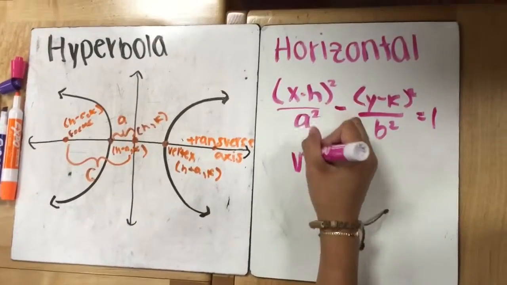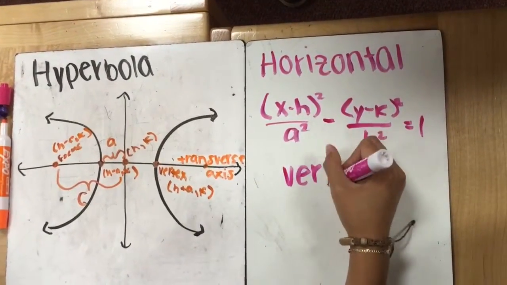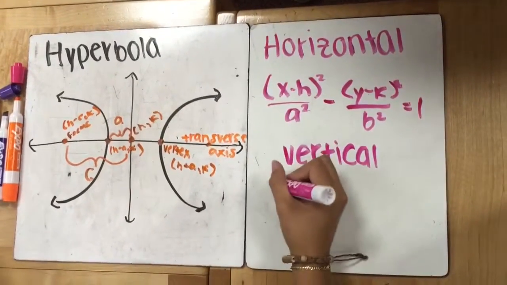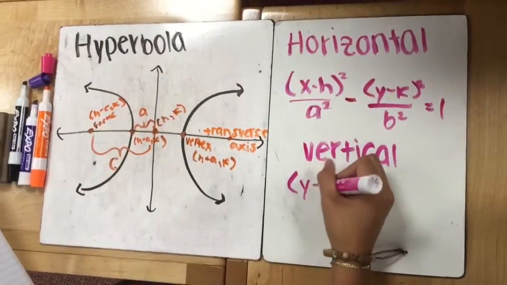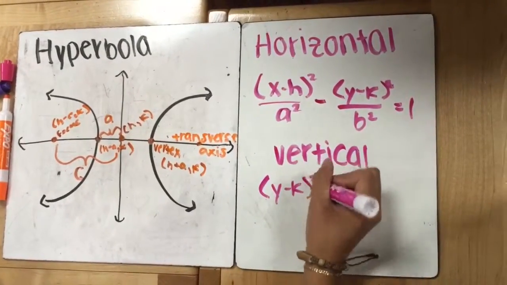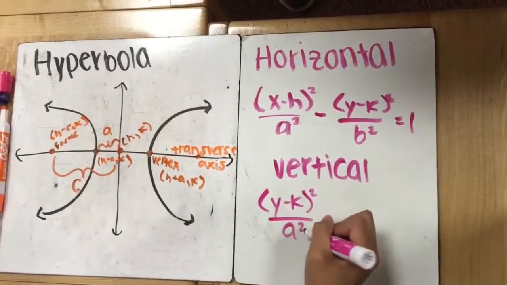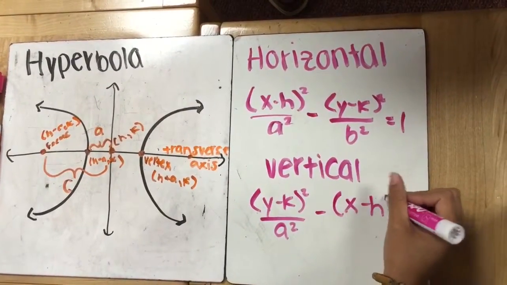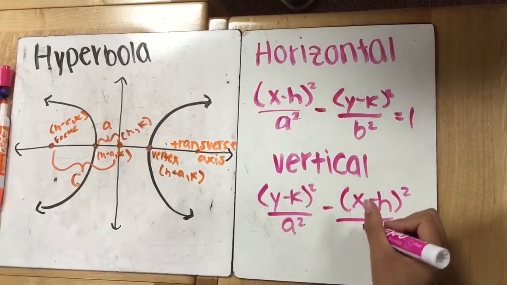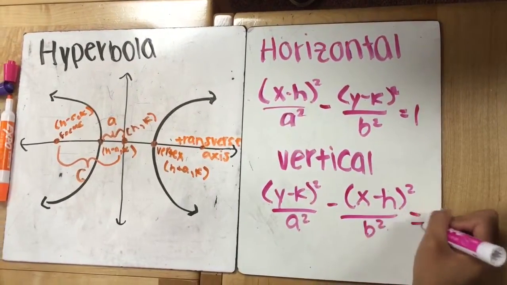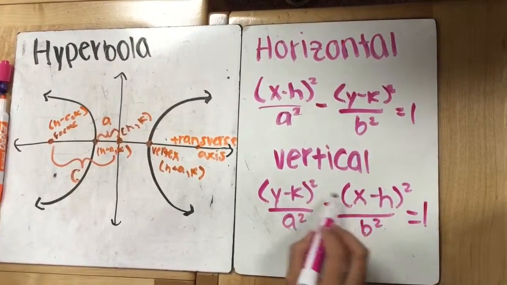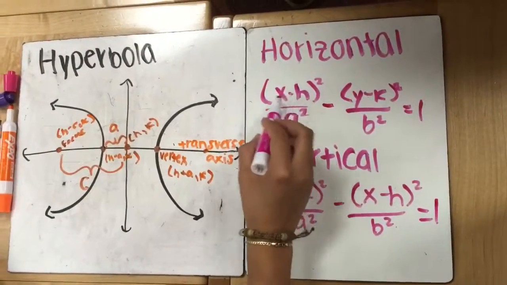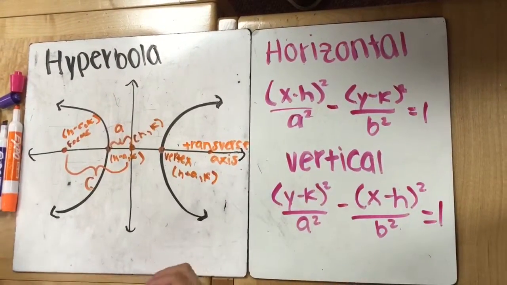And if you're looking for a vertical hyperbola, you're going to use y minus k squared over a squared minus x minus h squared over b squared is equal to 1. You can see here how y goes first and x goes second, while here x goes first and y goes second.